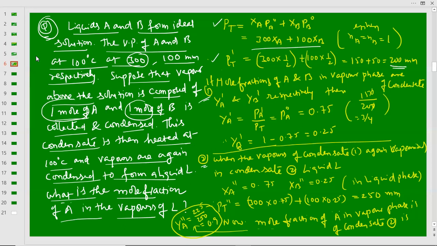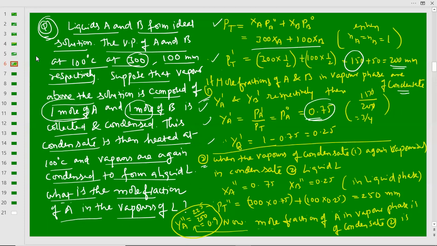After that, the vapors are condensed and boiled again. Then the vapor phase mole fractions of A and B are taken as YA dash and YB dash, applying Dalton's law. In Dalton's law, PA dash is 150, divided by total pressure PT, 150 by 200, which is 0.75.